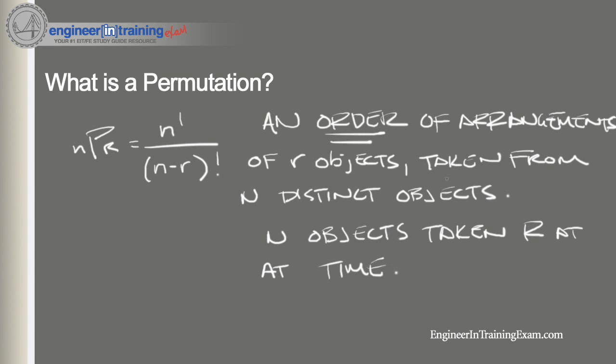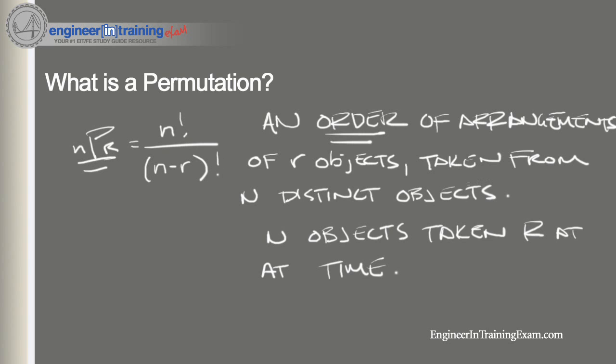So that might look a little confusing, but in equation form you can just note that the permutation of n objects taken r at a time is equal to n factorial divided by n minus r factorial.